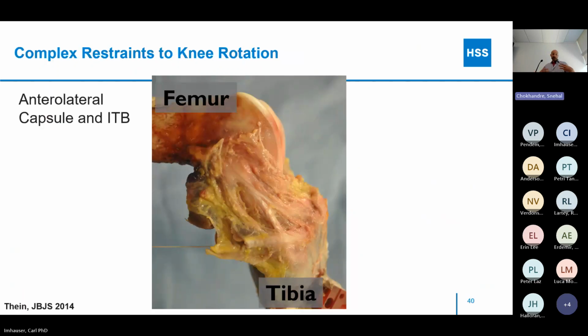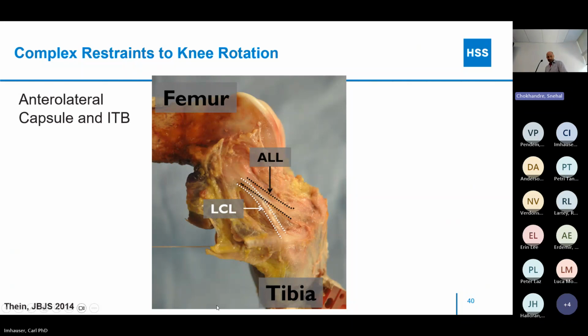The point here is we may need to understand some complex restraints to knee rotation. We may need to better understand how the anterolateral capsule and the ITB are modeled. So there's this complex interaction of context of use, how simple and how complicated you might make the model, and how you might then use that to answer your research question.